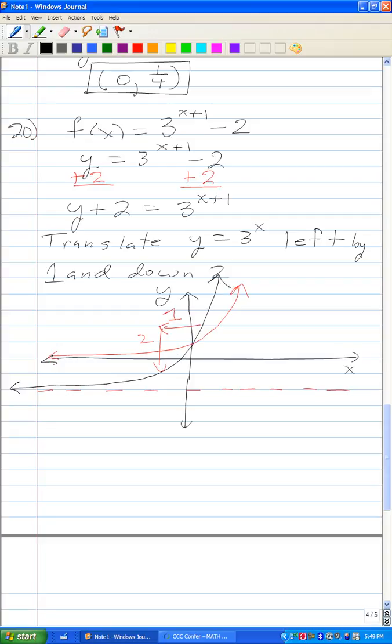The fact that it intersected there at 1 is just a coincidence. I didn't actually mean it to do that. We'll actually have to see where it intersects, because it seemed to have naturally done that. I don't think it actually does. Okay, so if I look here, what's the asymptote? Well, it looks like the line y equals negative 2.